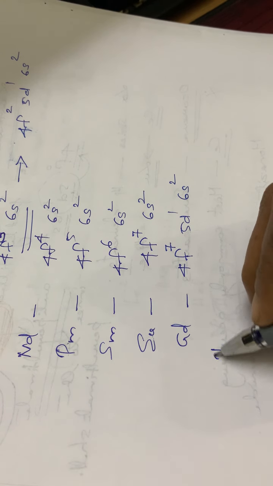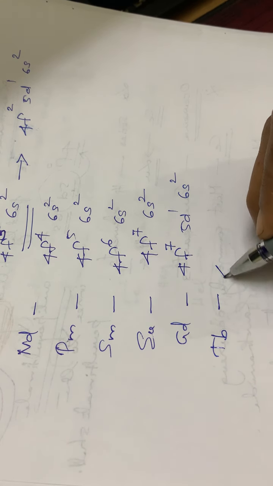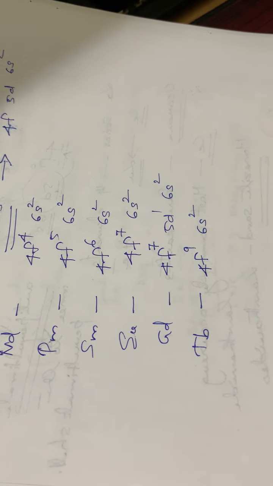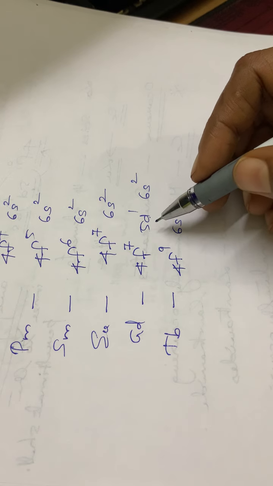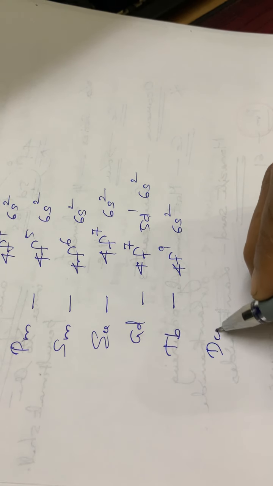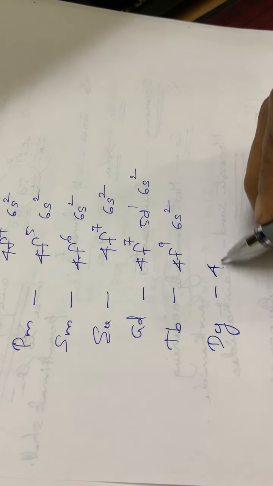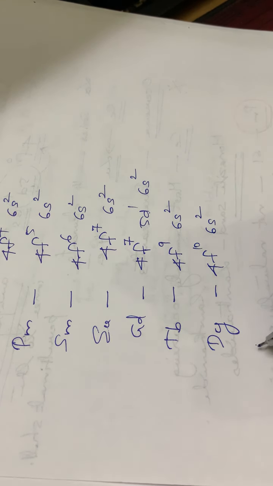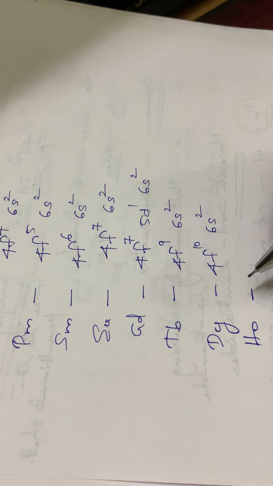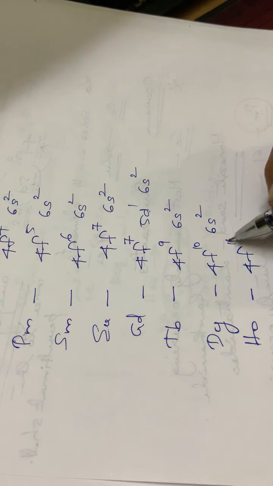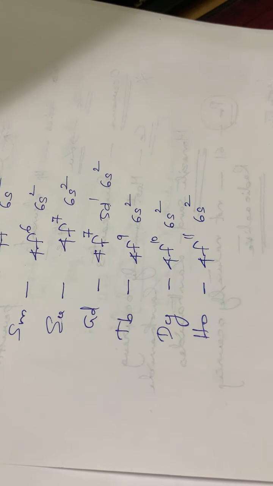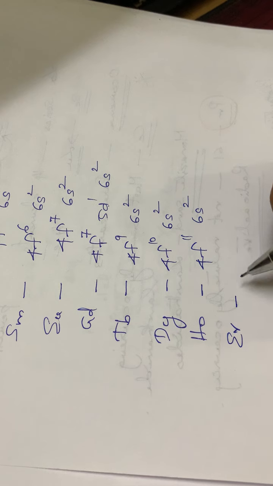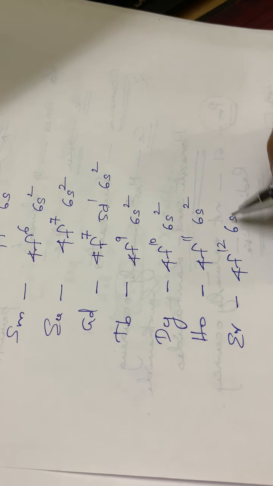Then comes terbium, Tb, with 4f9 6s2. Again, it has no d orbital. Then dysprosium, Dy, is 4f10 6s2. Holmium, Ho, is 4f11 6s2. Erbium is 4f12 6s2.